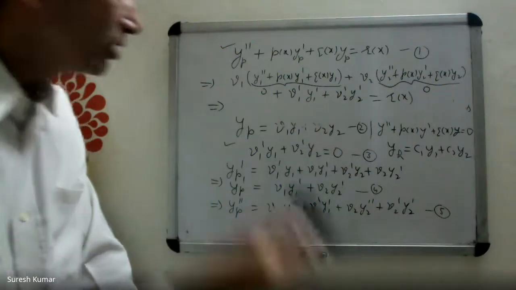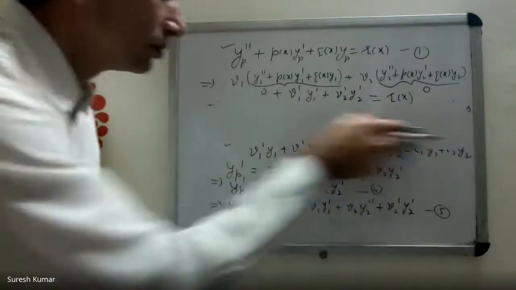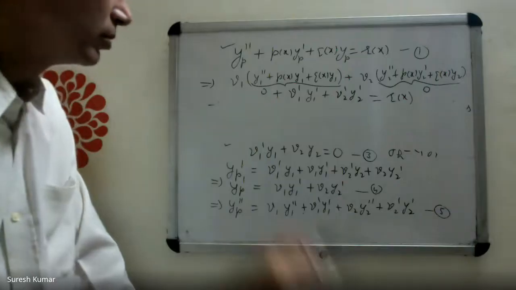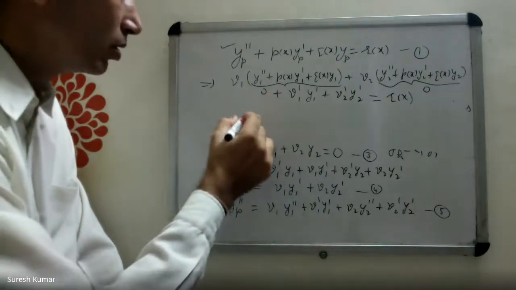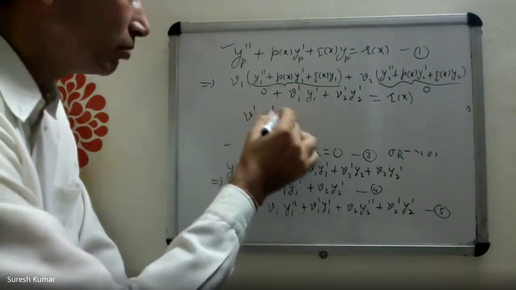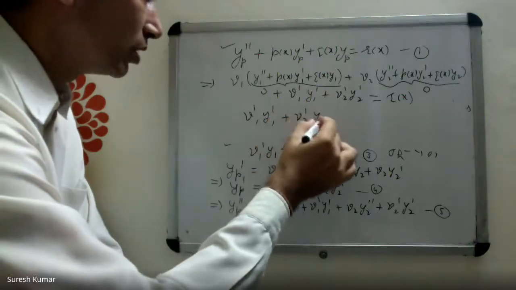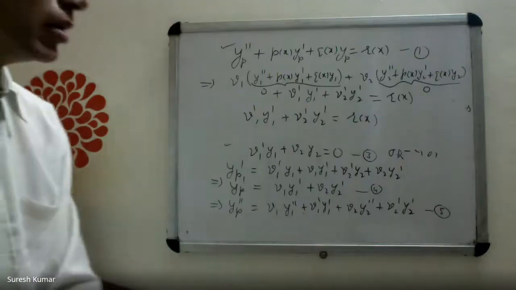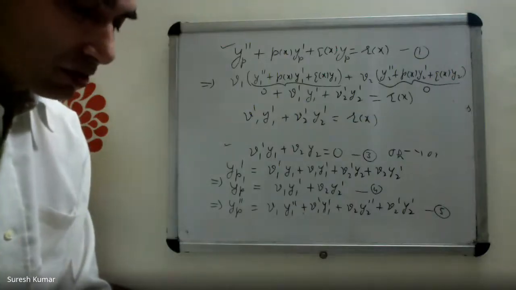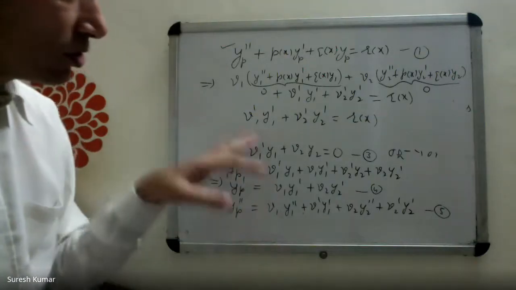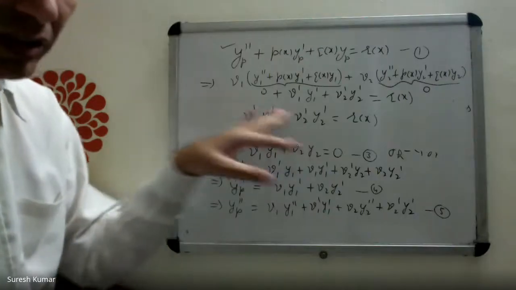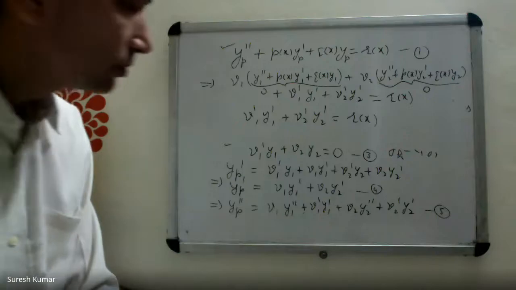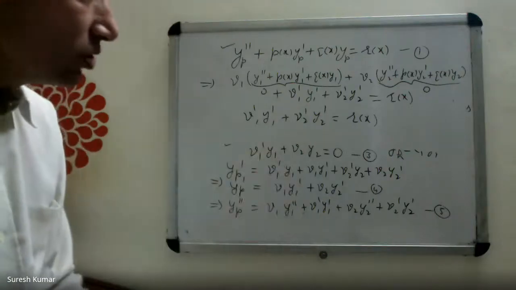So you are left with a simpler equation, that is v1 prime y1 prime plus v2 prime y2 prime equal to rx. Your final purpose, your final destination, is to obtain v1 and v2, because in your assumed yp, v1, v2 are unknown. So this is one equation.